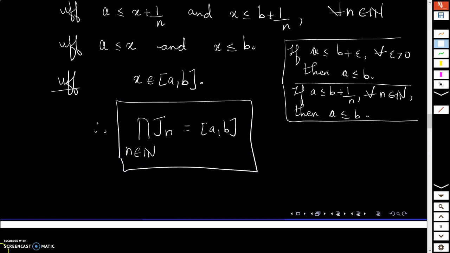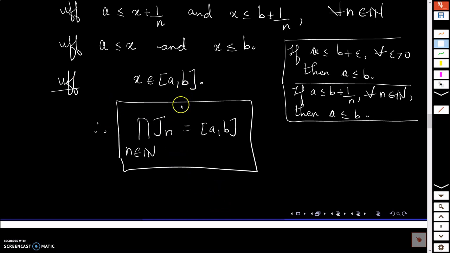Normally how we prove this is, I want to show that two sets are equal. So we show that the first one is a subset of the second and the second one is a subset of the first. One way could be you take a point x in the intersection of all the Jn's, and you don't write all these if and only ifs which I've written. You write implies there and you come to the last step.